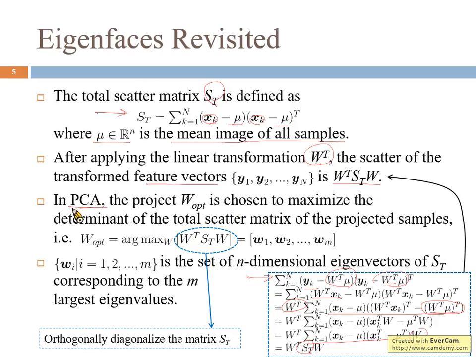Okay, and in PCA, the projection WOPT is chosen by maximizing the determinant of the total scatter matrix of the projected samples. Therefore, how do we find the best projection matrix W? That is, we try all possible matrices W such that the scatter matrix is maximal.